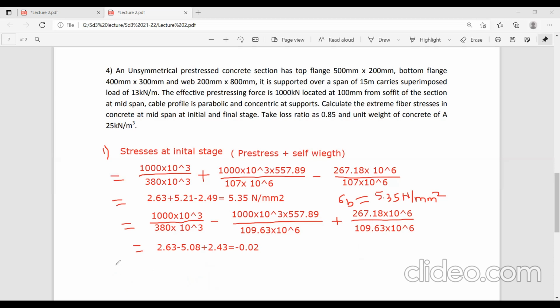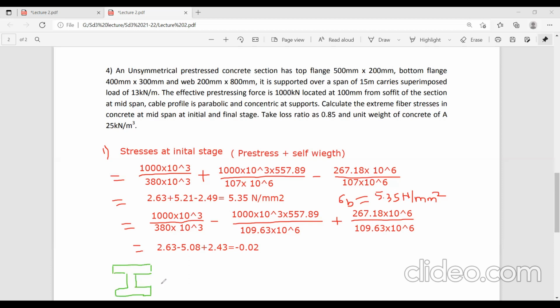This one is the cross section of the beam.